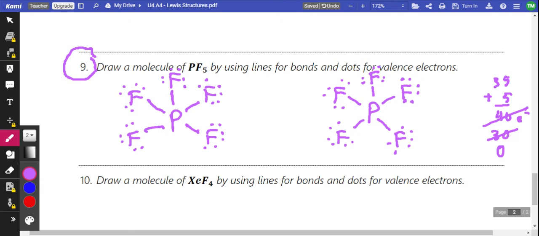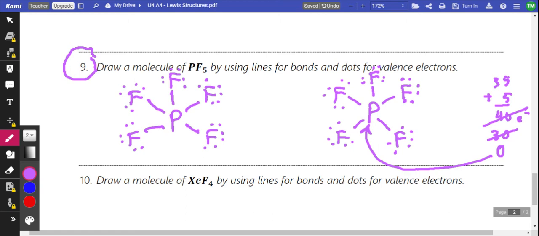If I had any extras, I would put them on this center phosphorus atom, or whatever your center is for your molecule, and say, well, I've made everything else happy, so now it's time to throw the rest onto my center atom.